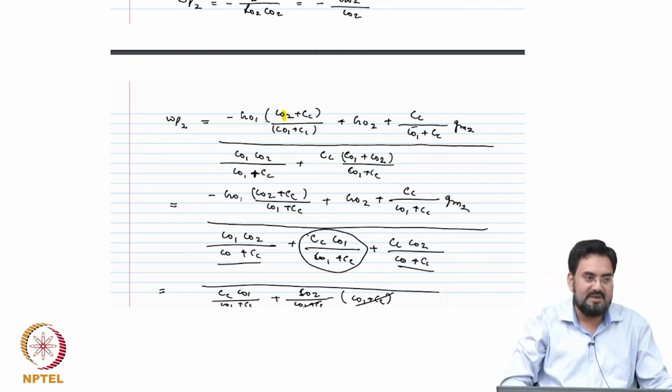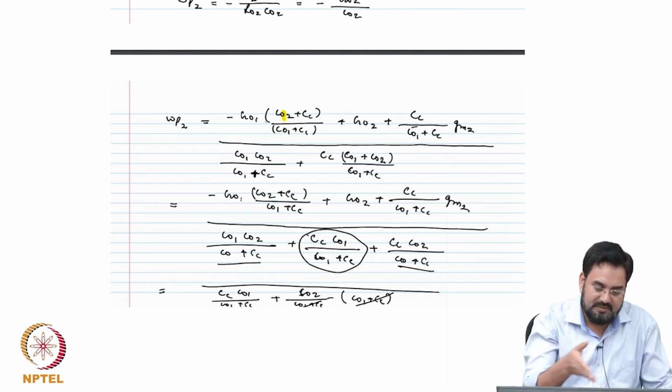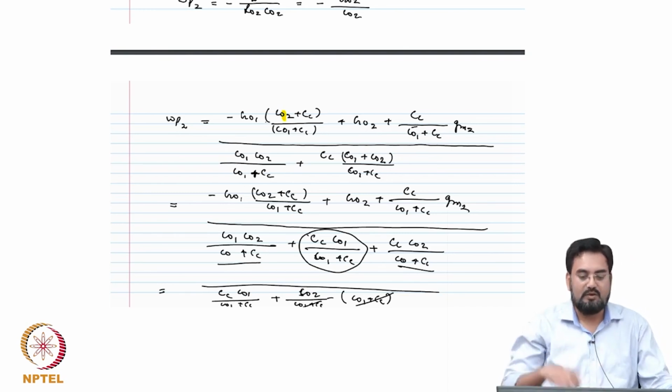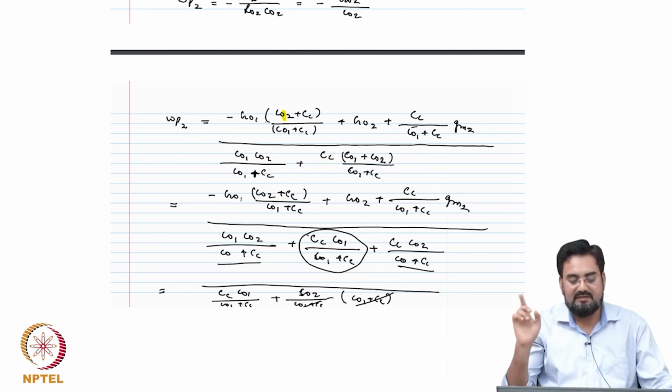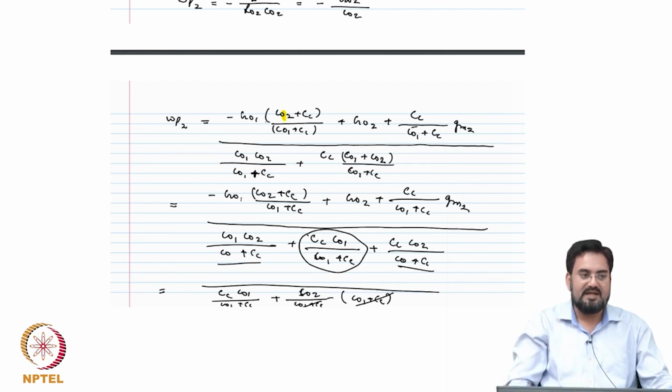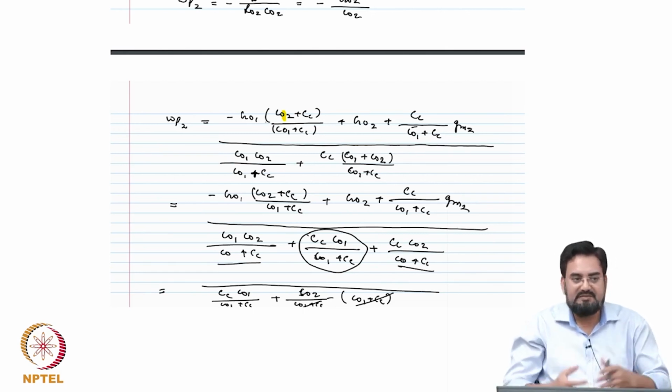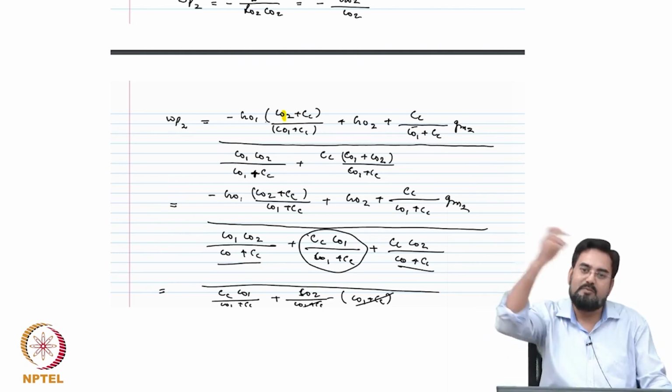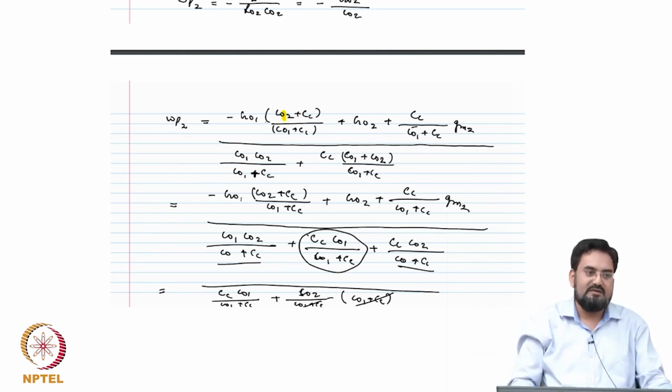Okay, so that makes it very complicated, but all those terms are non-dominant, so we ignore them. So with this approximation, you will get a correct result, whether you take the complete equation or that. The only thing you have to be careful about is that you cannot always assume that CC is much larger than CO1 or CO2, unless you know what exactly the CC is. So sometimes what happens is, if you consider one case and the value you get for CC is very close to CO1 and CO2, then you have to go back and do your recalculation, everything again.